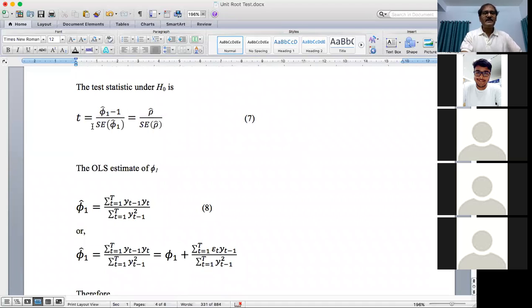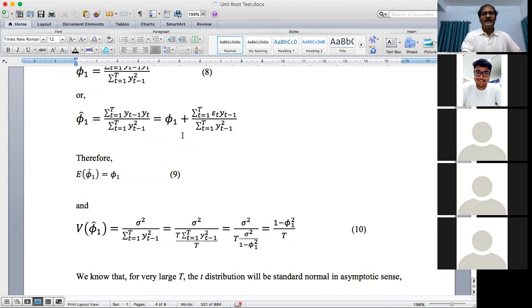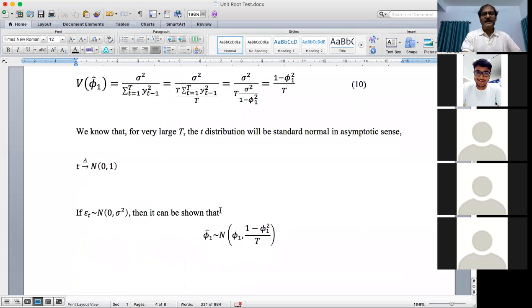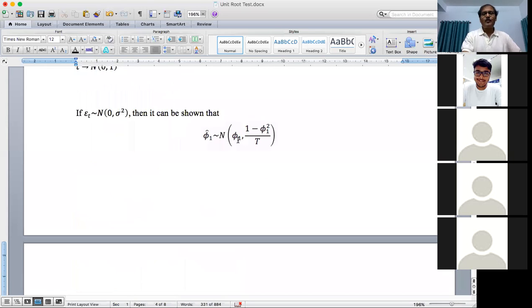Conventionally, we use t statistics like this for testing of hypothesis. Now in the Dickey-Fuller test, if we use this type of statistics, a typical problem will appear. What is the problem? The distribution of phi 1 hat has mean value 1, variance 0 under null hypothesis, because phi 1 hat has mean value phi 1, and the variance of phi 1 hat is equal to this.